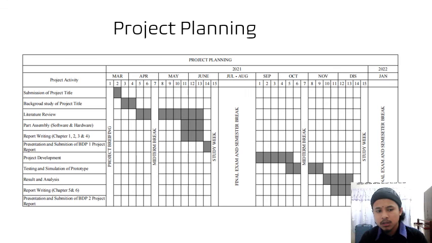We need to make sure this has a good result and its efficiency is almost 90%, plus or minus. And lastly, writing the chapters during the last 3 weeks next semester, and the BDP 2 presentation during the final week of December this year.